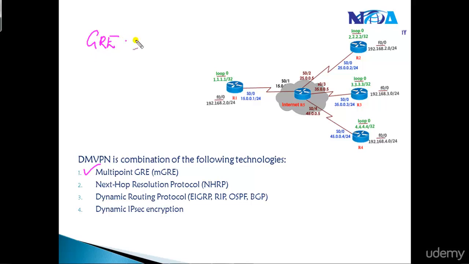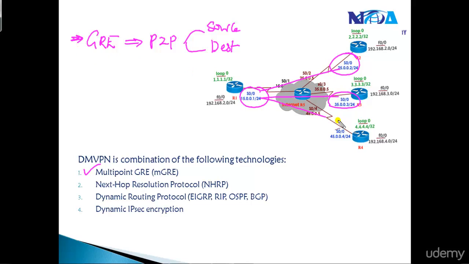As I said, normal GRE has only point-to-point connections, where we configure tunnel source and tunnel destination commands. So for every tunnel source you will have a separate destination: tunnel source, tunnel destination, tunnel source, tunnel destination. If you want 3 separate point-to-point connections, we create 3 separate point-to-point connections by using a normal GRE.